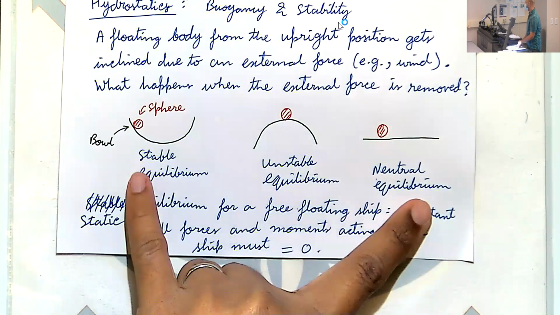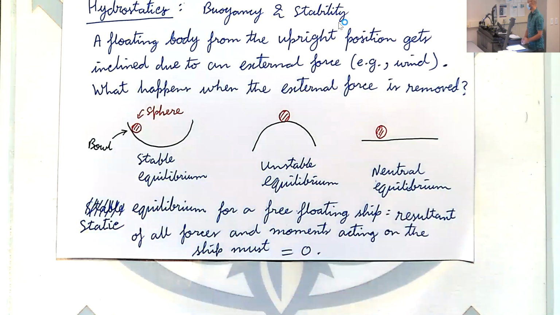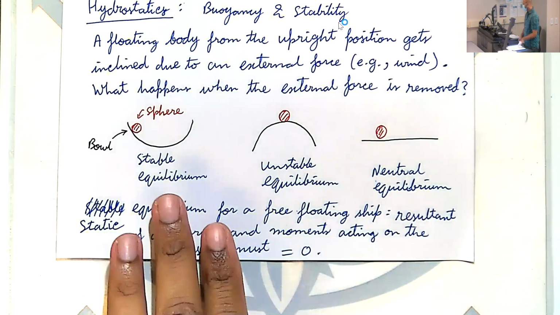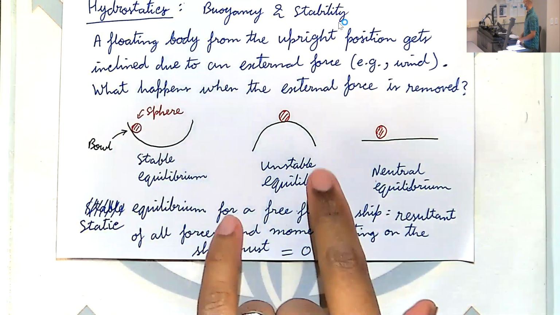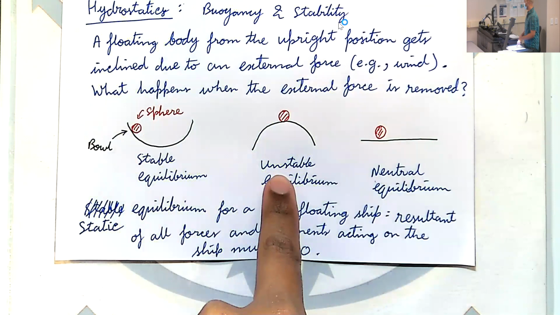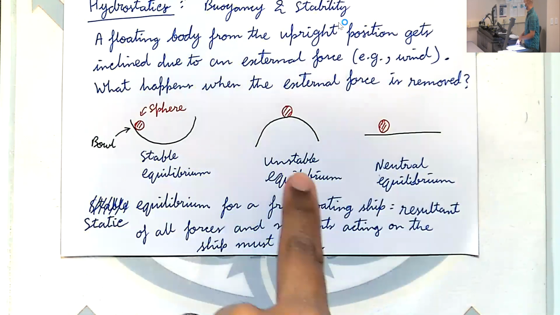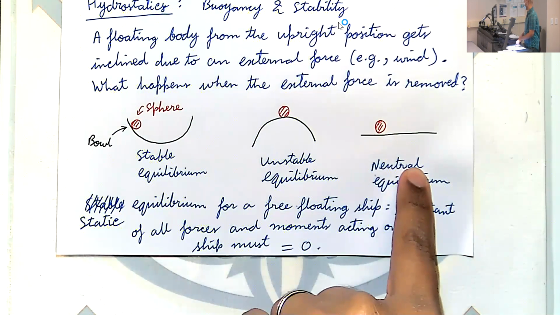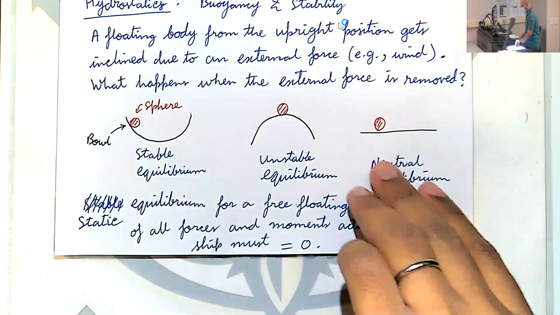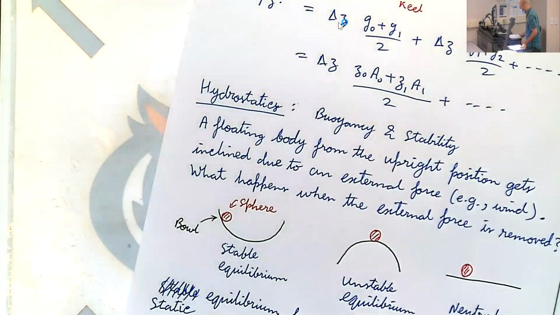And the same thing with hulls. Depending on how we design it, we either make sure our hull is stable, or in unfortunate incidents, it can go unstable. Neutral is a bad situation to be in, because if something tilts you over, you remain tilted.